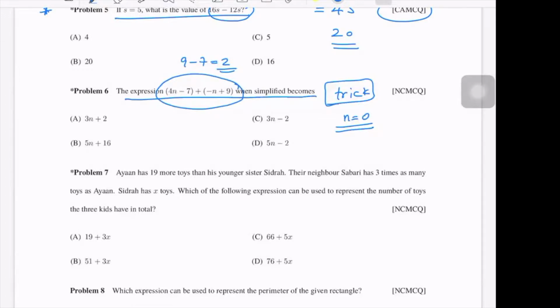And from the options, you can see that this is the only option which is matching. So have you thought about this method? Remember, this is a very easy question, but in some questions you may use a trick. But you should also know the proper method, because the trick may not always work out.